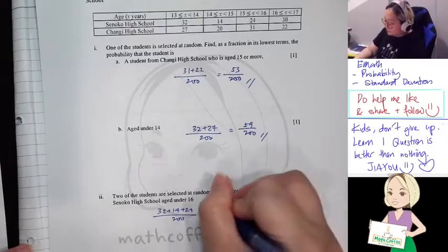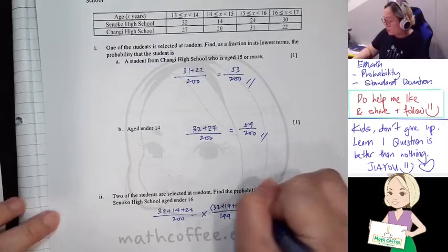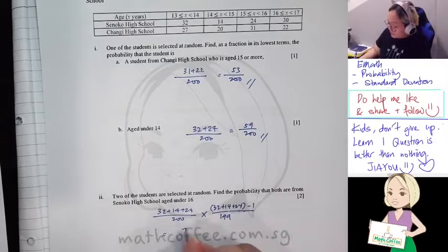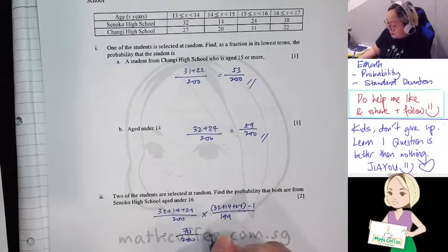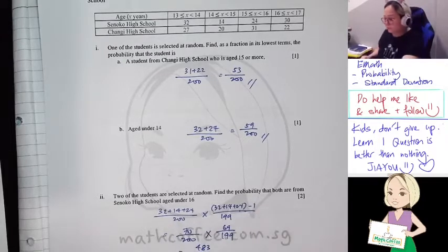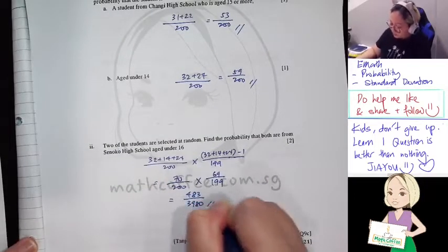But don't forget that because the first one is already chosen, right? So you've got to put a -1. So in the end, it will become 70 out of 200 multiplied by 69 out of 199. And that will give us 483 over 3980. Done.